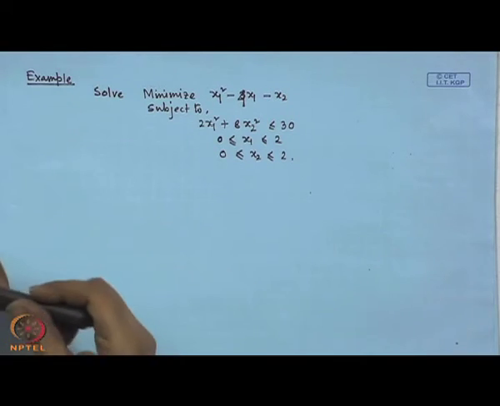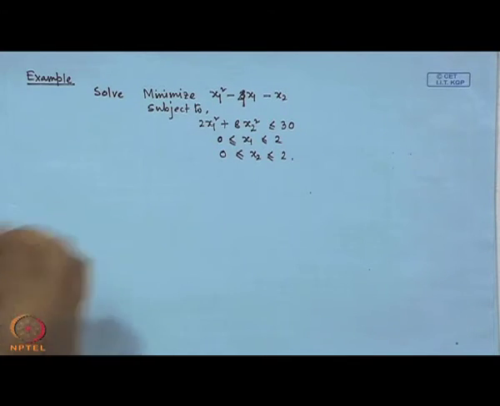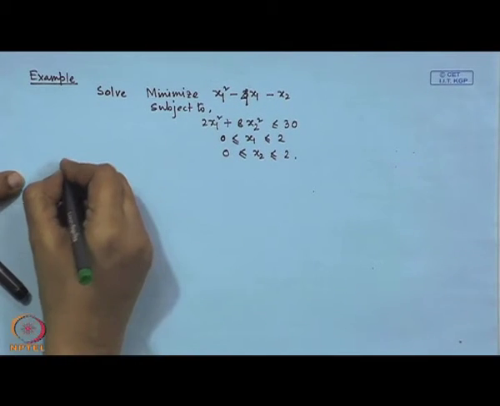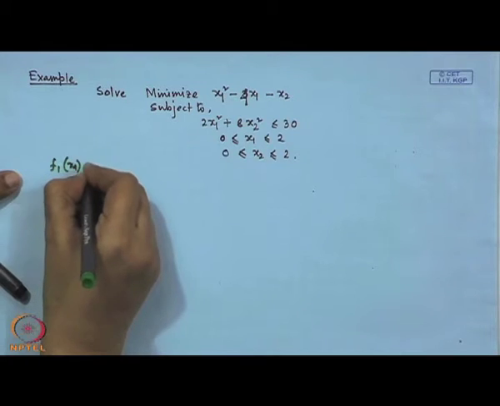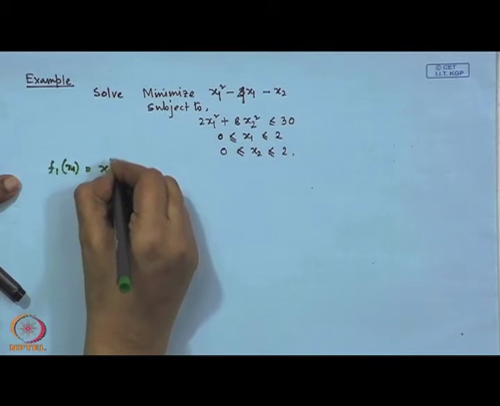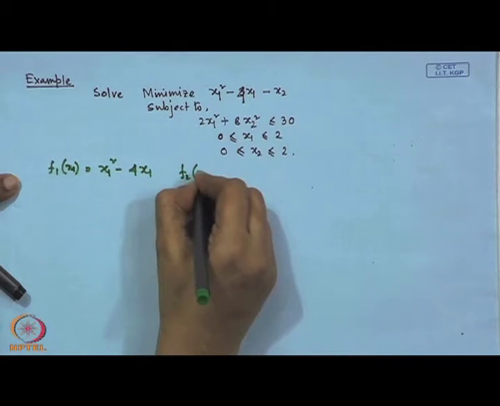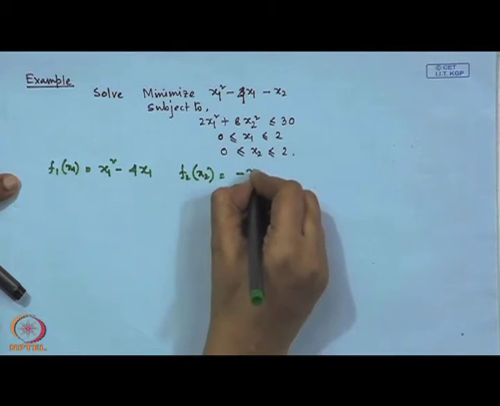Now, this is separable, so we can apply the separable programming technique, because you see the function f1 of x1 is x1 square minus 4x1, and f2 of x2 is equal to minus x2.